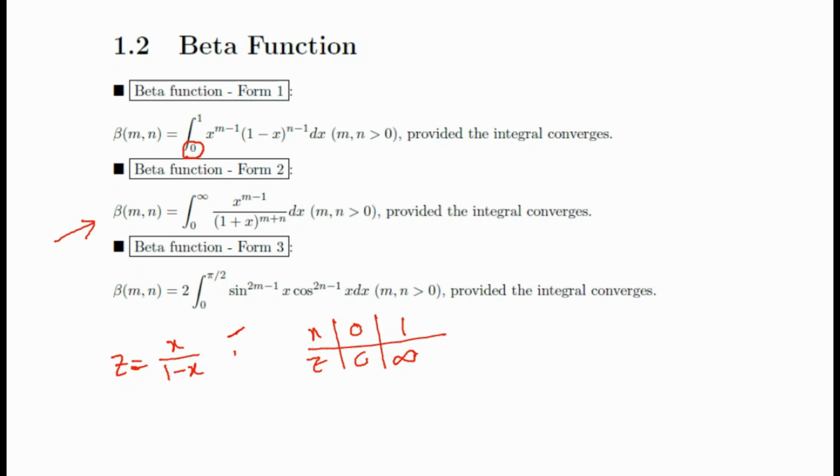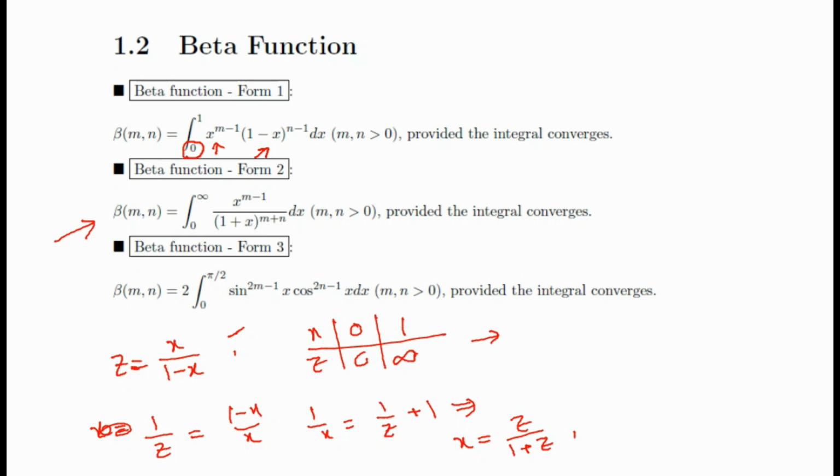And from here, we can see that we will write 1 by z equal to 1 minus x by x. So 1 by x equal to 1 by z plus 1, and we can get x equal to z by 1 plus z. And also what we need, we got x, we have to compute 1 minus x.